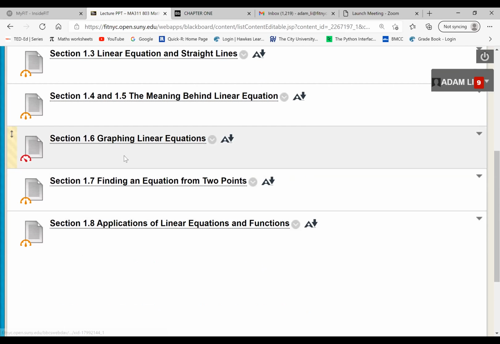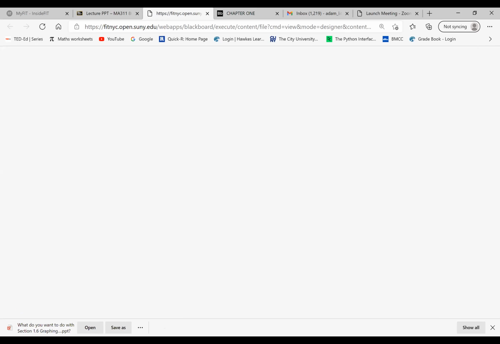I think we're on section 1.6. Did we complete section 1.6? Let me double check. Okay, so I opened the PowerPoint for section 1.6, and let's go over some of the contents here.